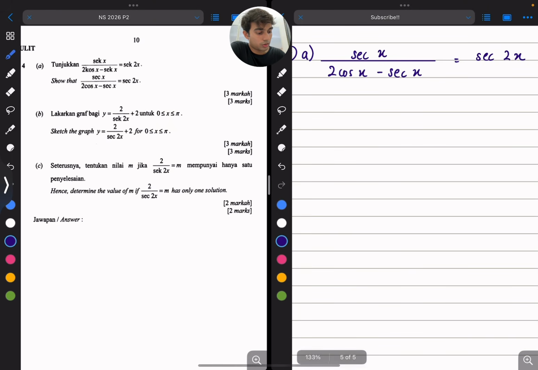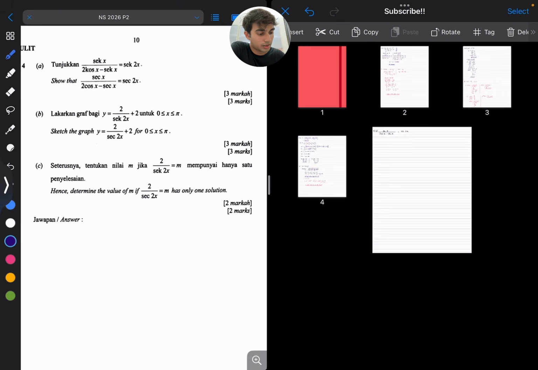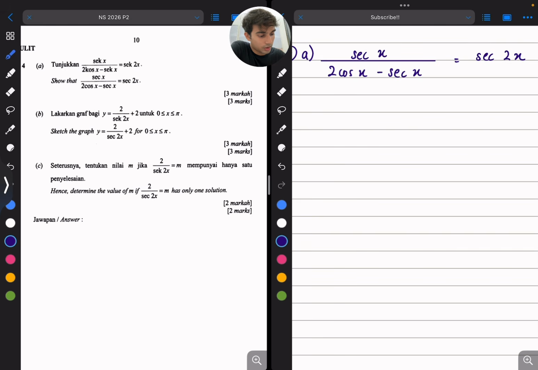Okay, so let's take the most complicated side. This one looks more complex. So we can take the left hand side. So we say the left hand side is secant x over 2 cos x minus sec x. Okay.